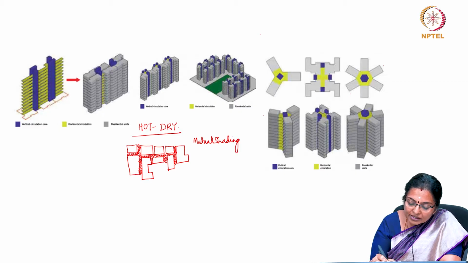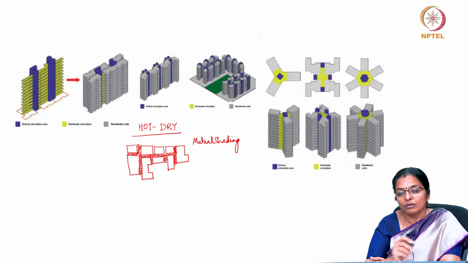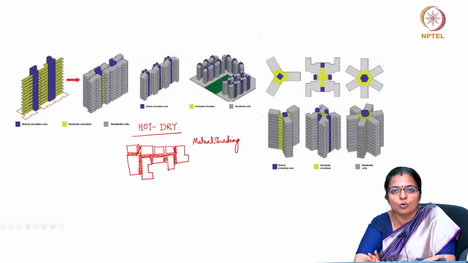Mutual shading means one shading the other, which is part of the same group. It minimizes surface areas and openings exposed to the east and west sun, and orient the building accordingly. There should be fewer openings and apertures in the building. That is what it means.